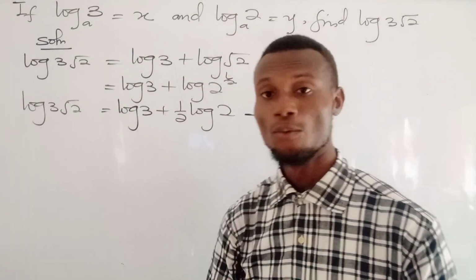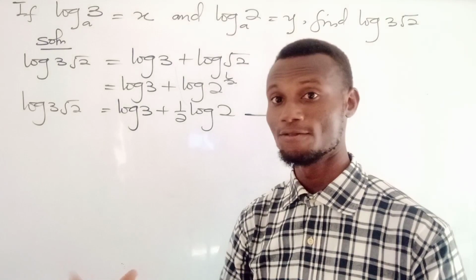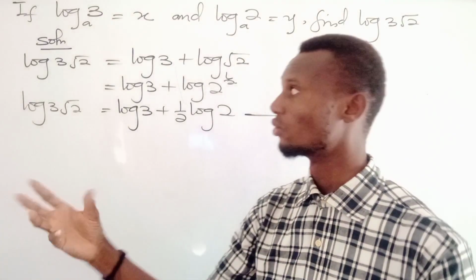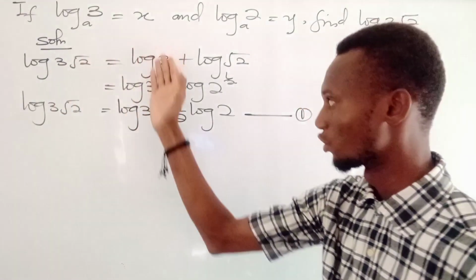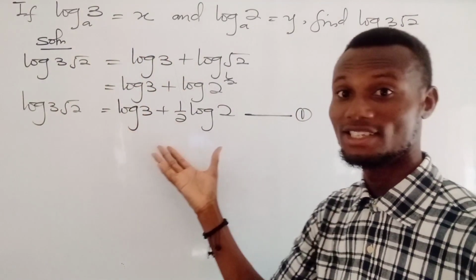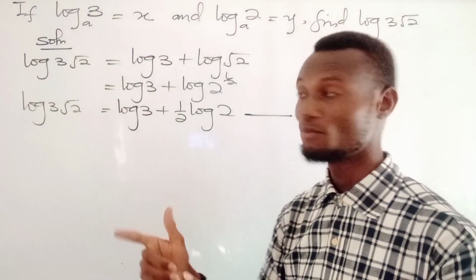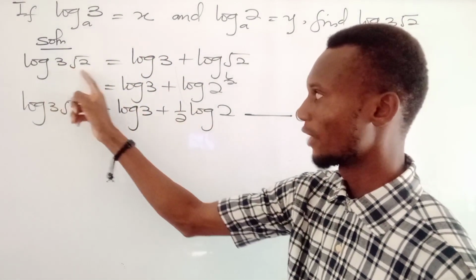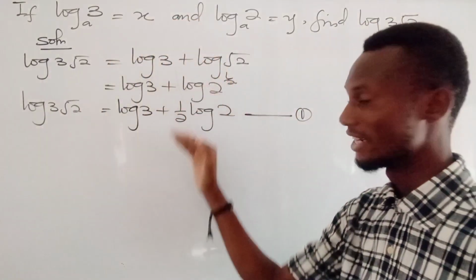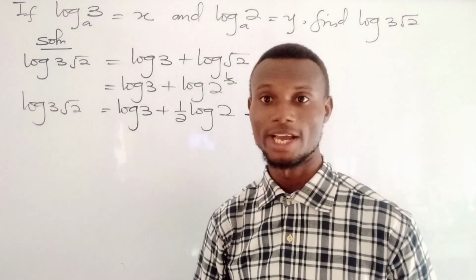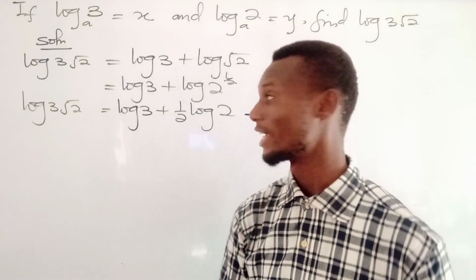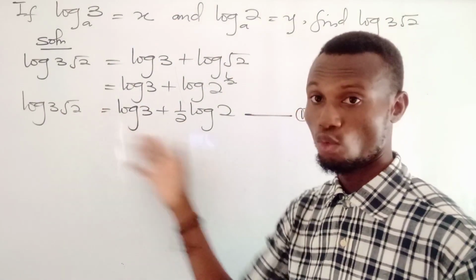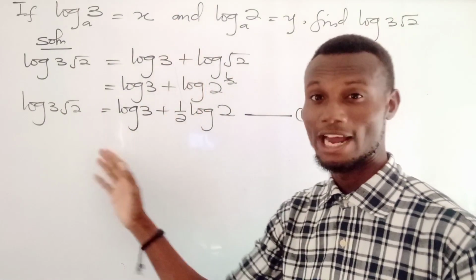First we need to write down the expansion for log 3 root 2. So we went through the process of applying some of the laws of logarithm to arrive at this equation. I've explained it and I hope you understand.